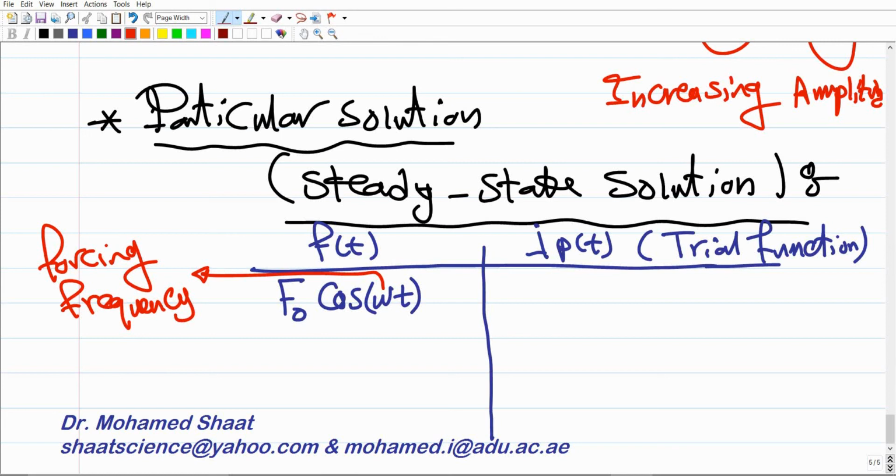So far we have discussed three different types of frequencies that you should distinguish between: omega n, omega d, and omega. Omega n and omega d are properties that depend on the system itself. Omega n is the natural frequency. Omega d is the damping frequency that depends on omega n and xi, the damping factor.